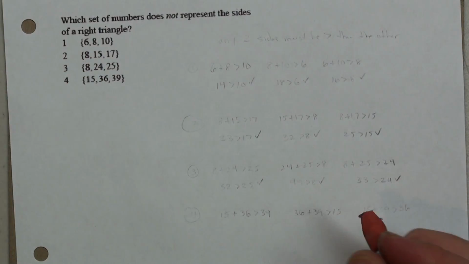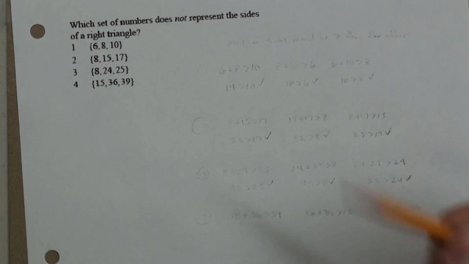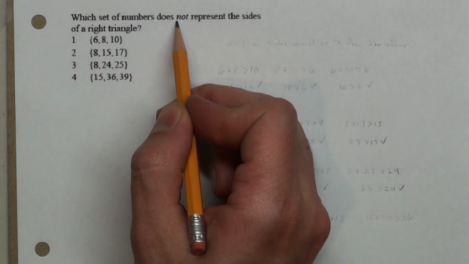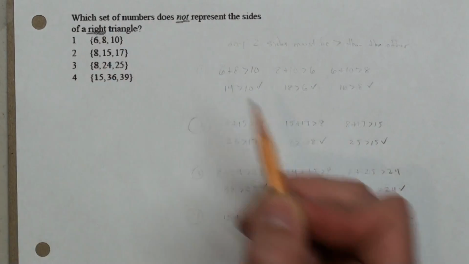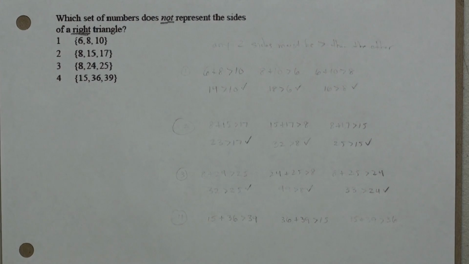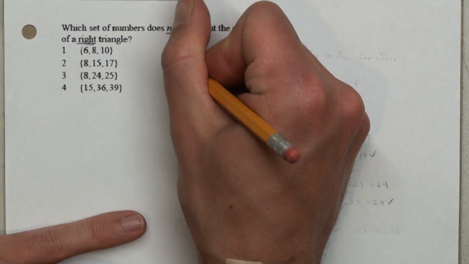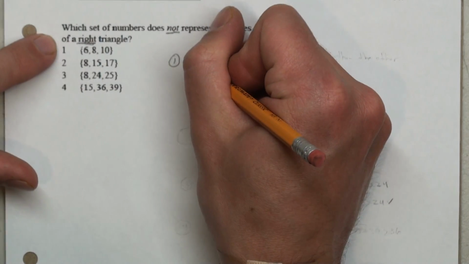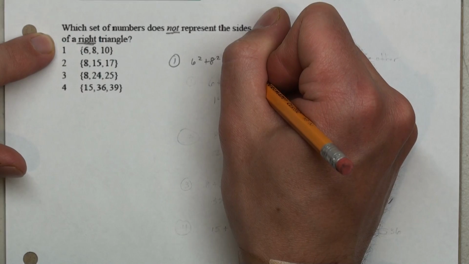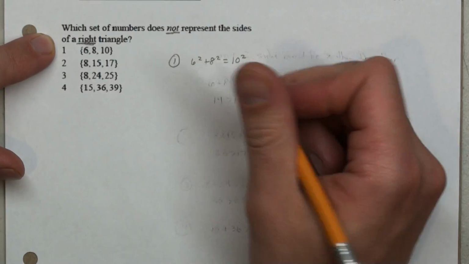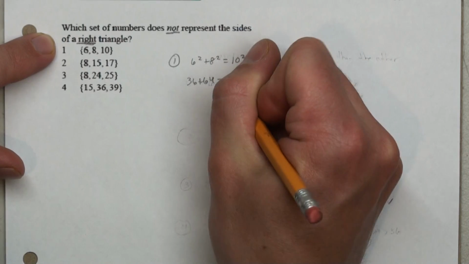Alright, now look. It says, does not represent the sides of a right triangle. So that means that we got to test a squared plus b squared equals c squared for each one of these. So number 1, does 6 squared plus 8 squared equal 10 squared? Well, does 36 plus 64 equal 100?